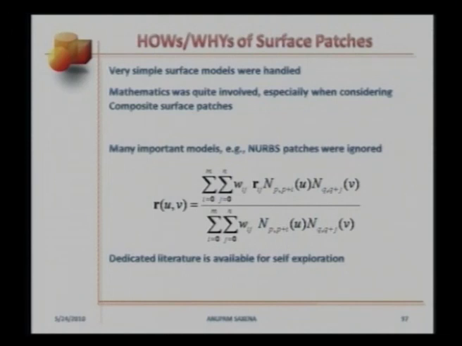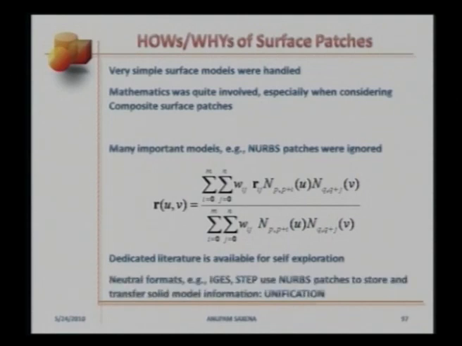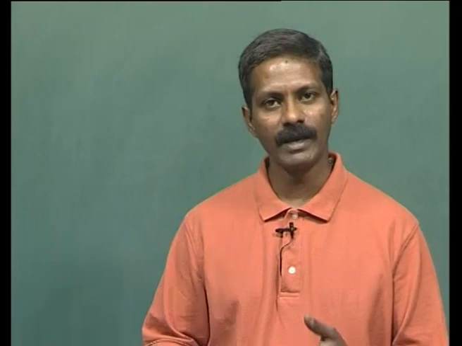As I said, there is dedicated literature available for self-exploration. You would note that neutral formats, which are used by many commercial softwares, for example, IGES and STEP, use NURBS patches to store, generalize, and transfer information between different existing commercial solid modelers. In a way, we are talking about unification here.